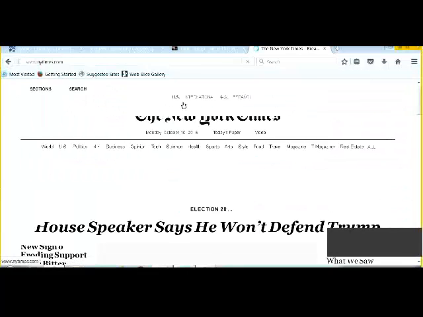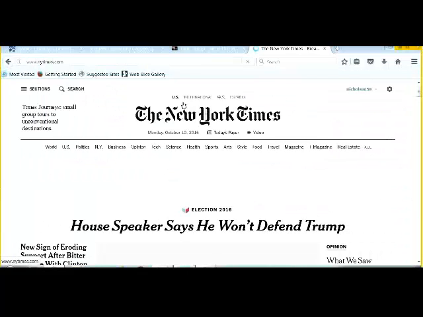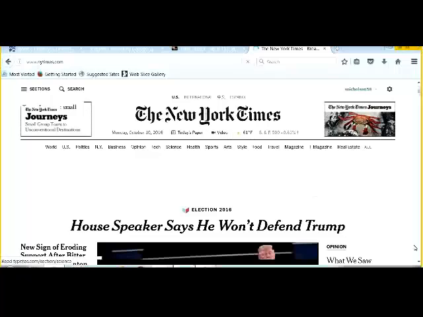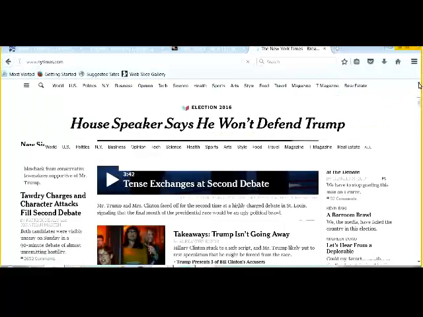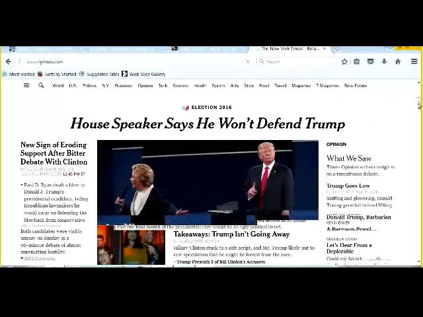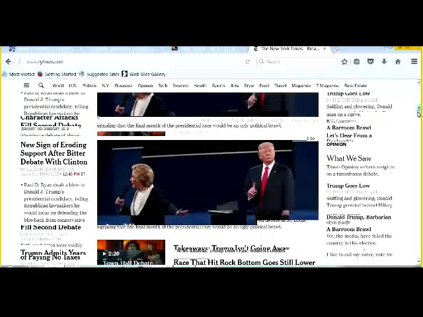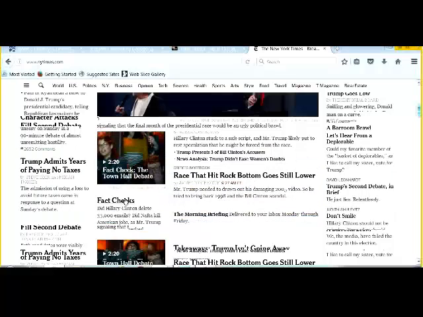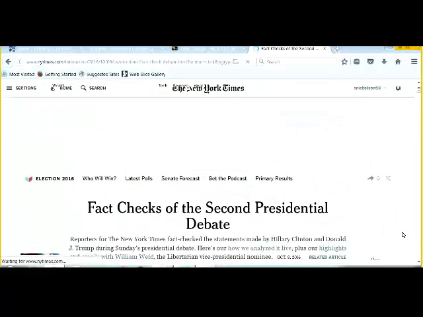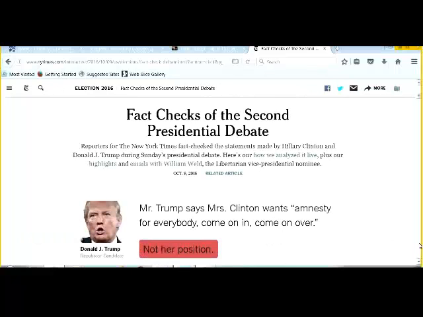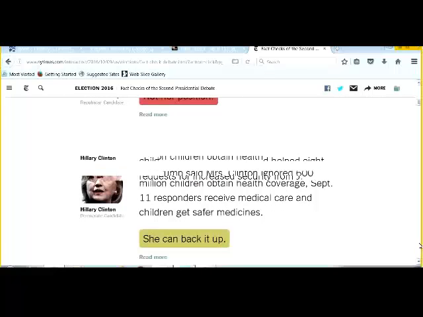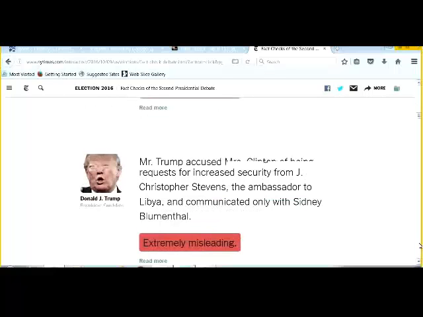So I watched the debate last night. So there's old Mr. Happy Face there. Fact checks. So this is the New York Times. If you go through, I'm not going to go through each one. All you have to do is notice red is false and green is true. Trump, false. Hillary, true.